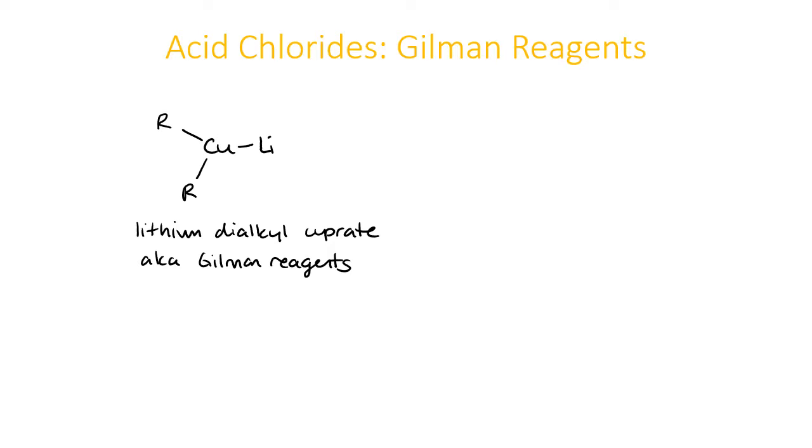Now, what makes a Gilman reagent less reactive than a Grignard reagent has to do with the bond between copper and the R group. Copper is not as far to the left on the periodic table as magnesium is. That means the difference in electronegativity between copper and carbon is not as great as the difference between carbon and magnesium. So what we get is a less reactive nucleophile for the carbon atom.